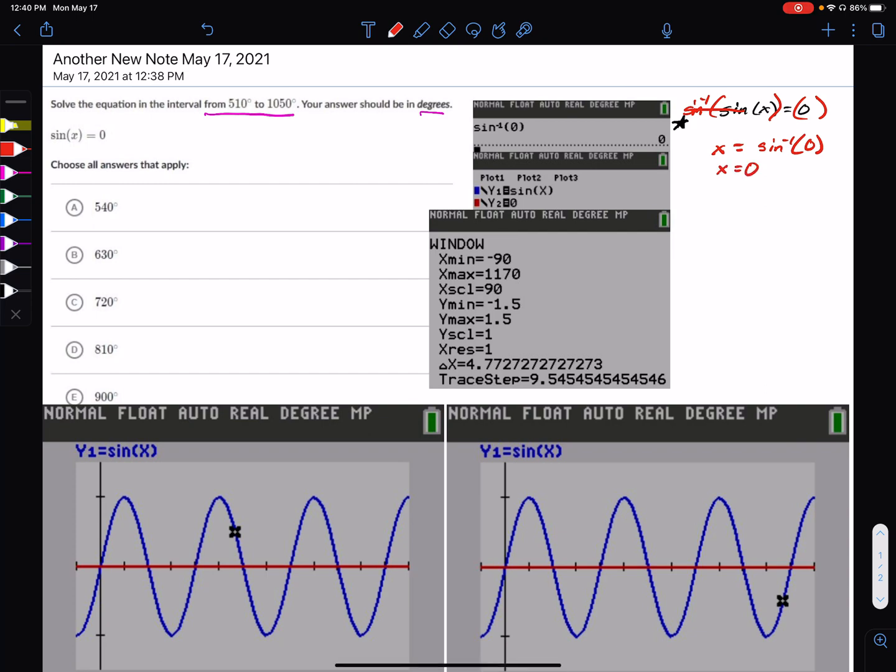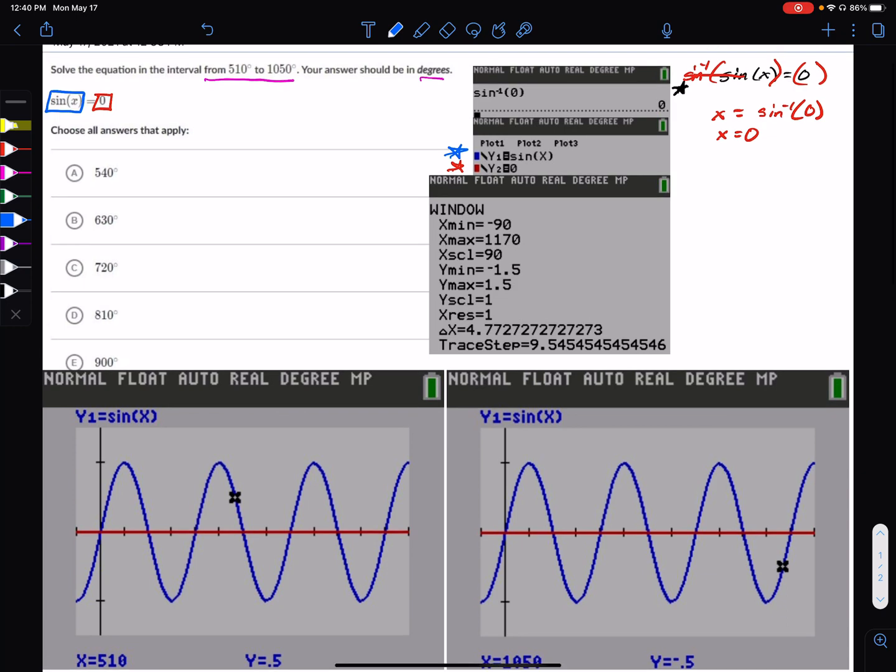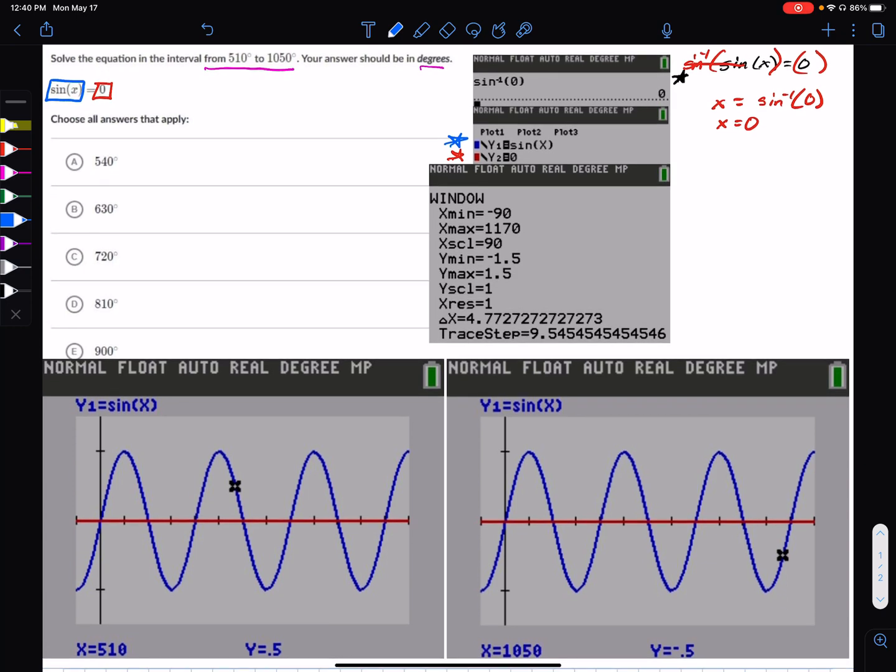Our next step, as we've been working it out in class, is to graph both sides of the equation and look for equality. So when does the sine of an angle equal the ratio of 0? I've color-coded these with the grapher: blue for sine, red for the constant at 0, which lands right on the x-axis line. In degree mode, what should our window be?